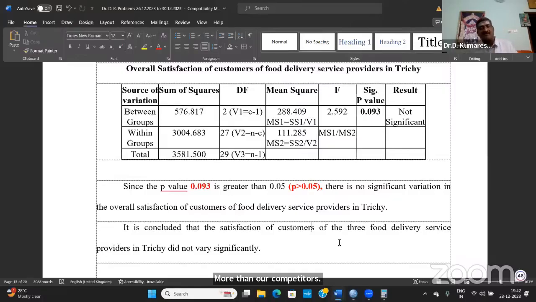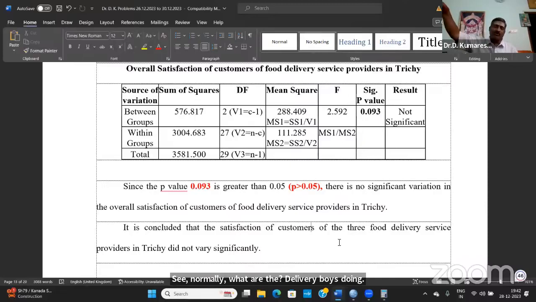It is the suggestion given to the MD as a marketing manager. As a researcher, you have to offer suggestions. That suggestion should be specific, not general. See, normally, what are the delivery boys doing?